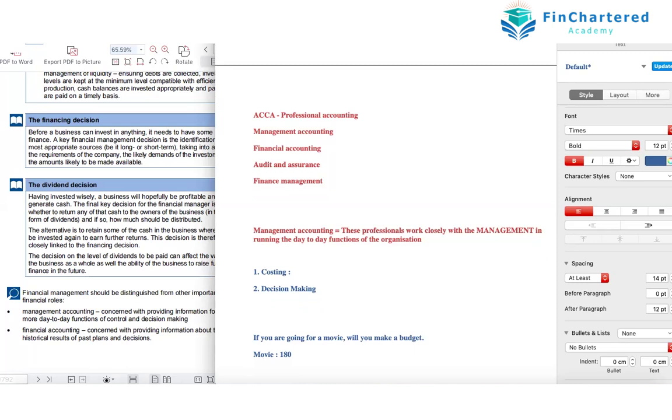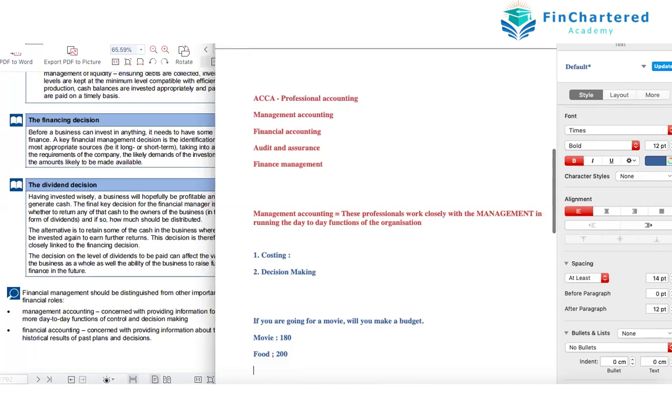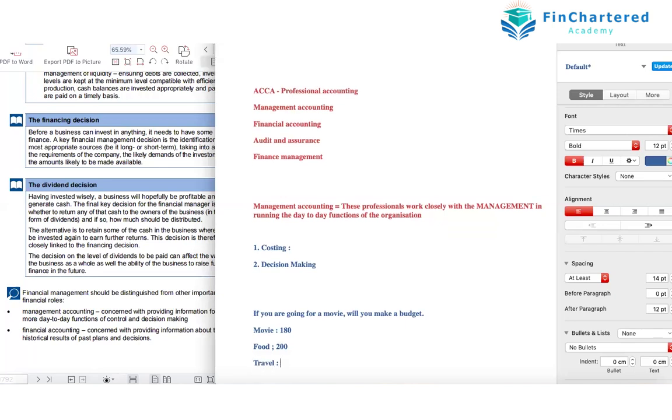Unfortunately, food costs more nowadays. It is almost as much as the movie ticket. So food, you'll spend 200. What other expenses will you have? Travel, maybe if you have a car, maybe petrol, or if you don't have a car, then for Uber you need.